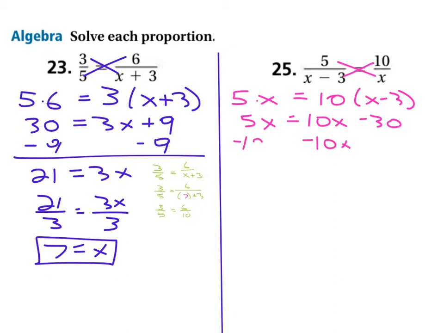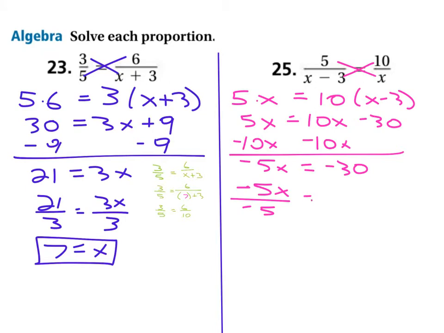Solving by first isolating the variable, and then dividing by the coefficient of that variable to get down to just one of them. And we get x equals 6.